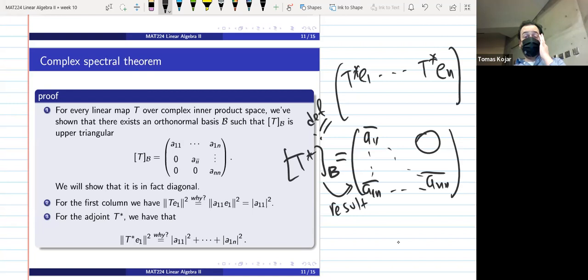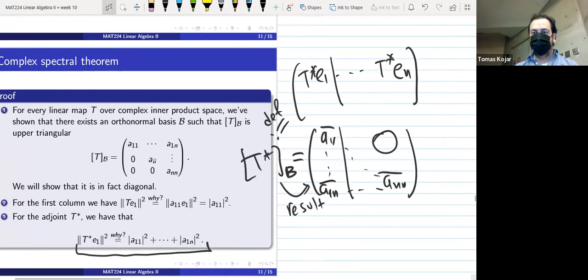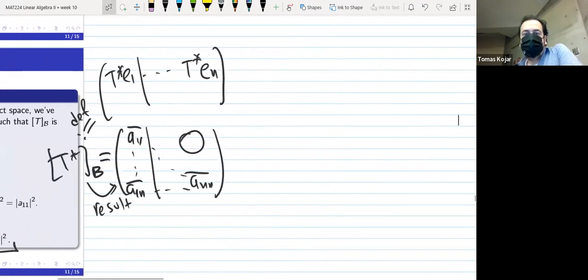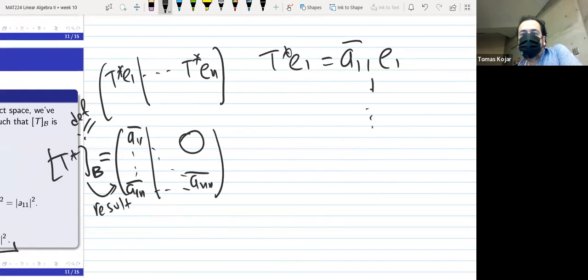And so that implies that if you look at the two matrices, the first column is equal to this first column. Let me do it. So we have that T star E1 is equal to A1 bar 1 E1 plus summation A1N En. That's what equating these two matrices says.